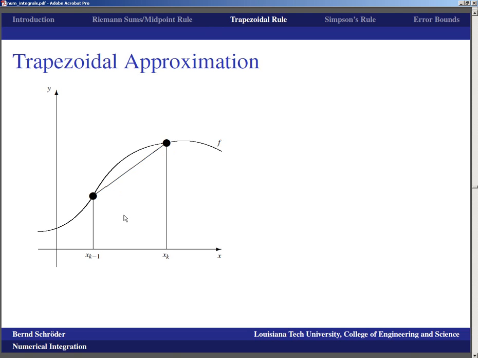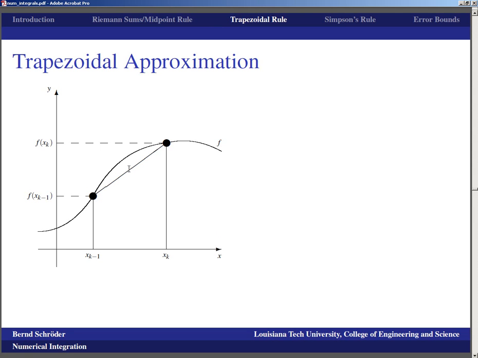Well, then we have to figure out what the area of a trapezoid is, and hopefully working it out in such a way that we are only evaluating at the left and at the right endpoint, so that we only need to have f(x_{k-1}) and f(x_k) there. And how does that go?